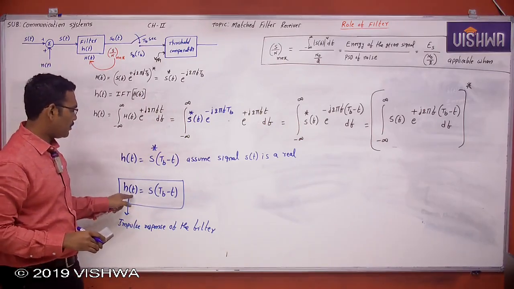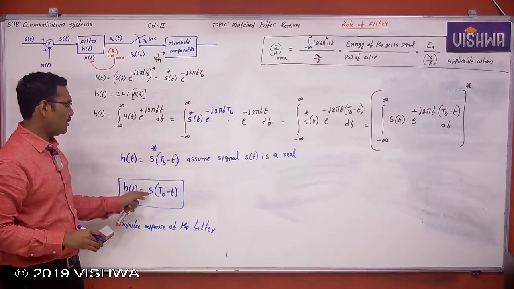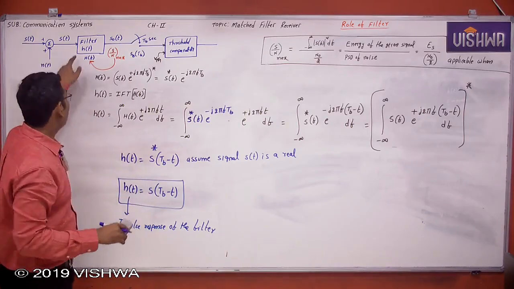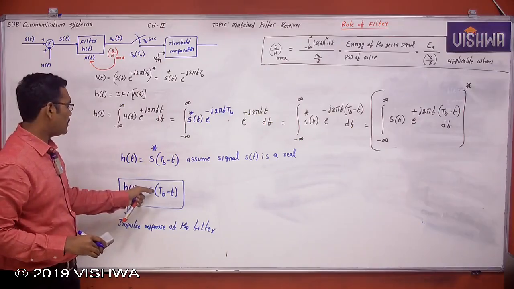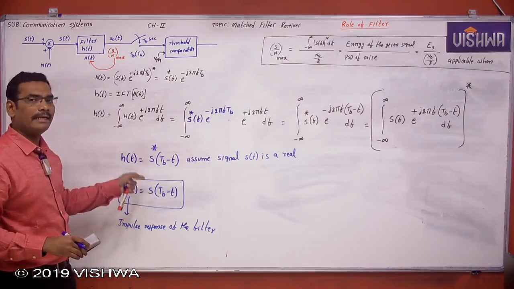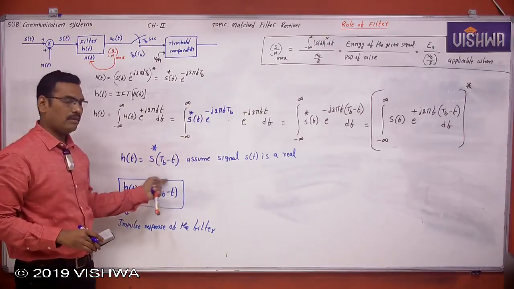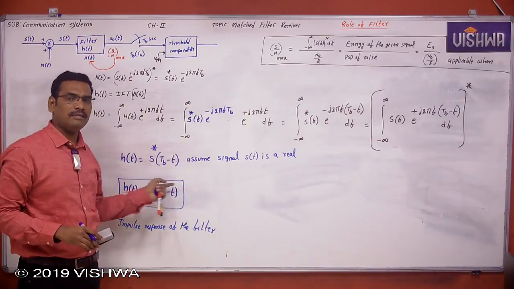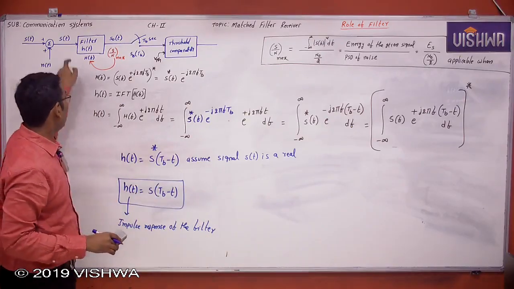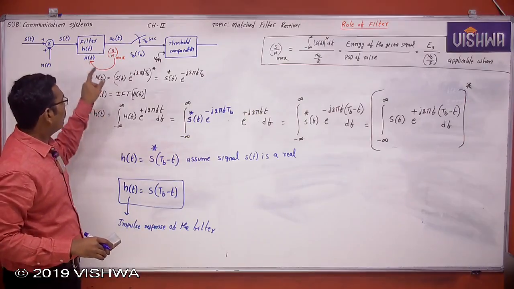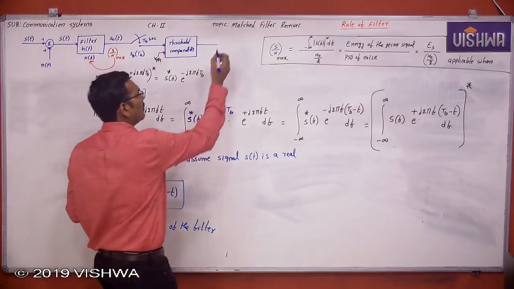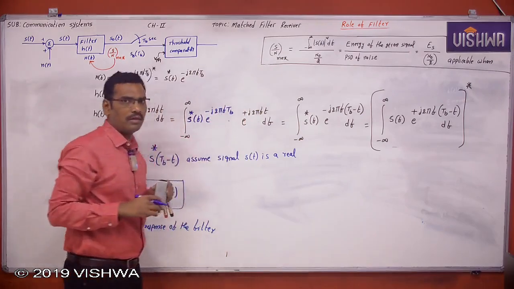Its operation is in terms of the signal operation itself: time inversion and shifting to the right side of the given signal. Then sir, why is this filter named the matched filter? That we don't know. Okay, now we will see.